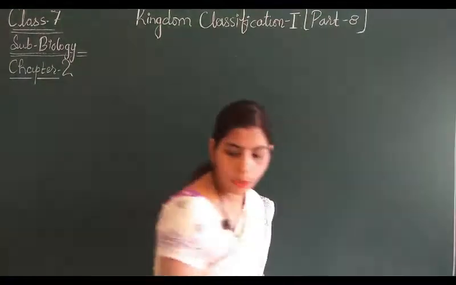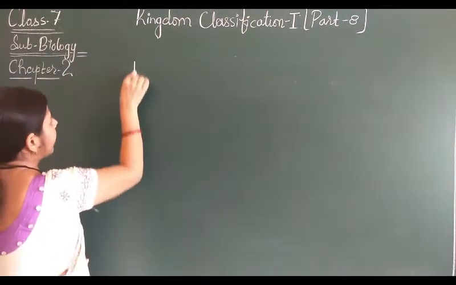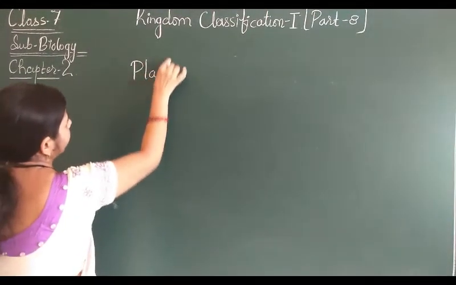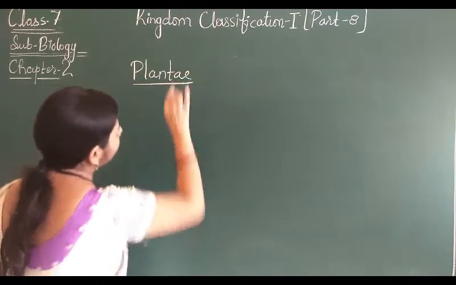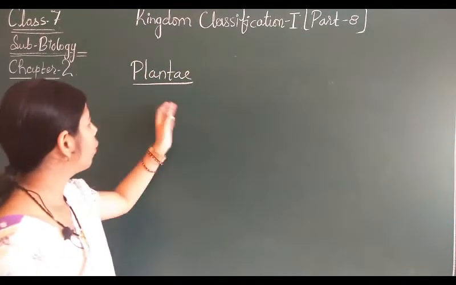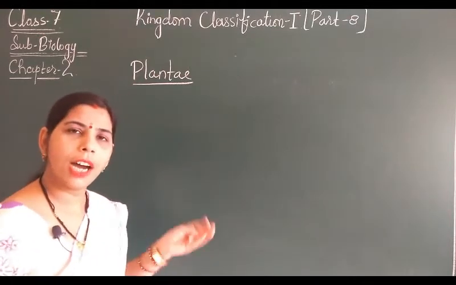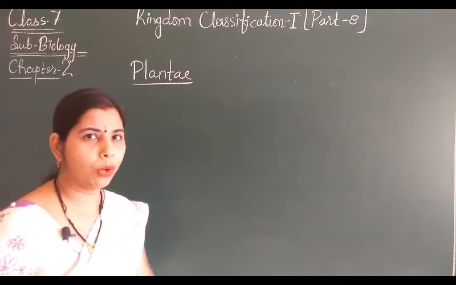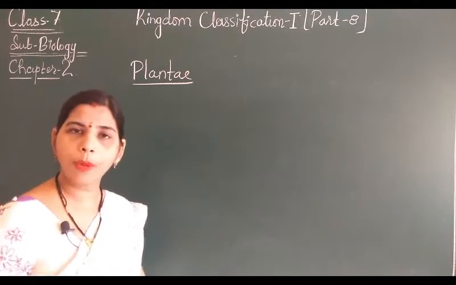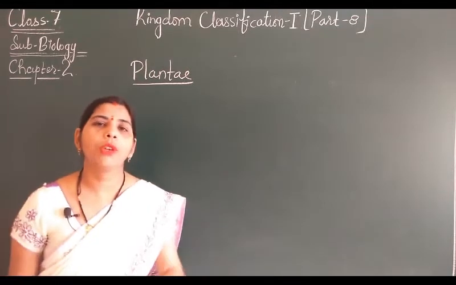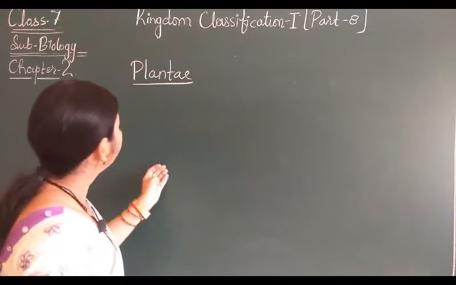Now let's quickly see the next kingdom, Plantae. The kingdom Plantae consists of multicellular living organisms which have an autotrophic mode of nutrition. All plants are autotrophic because they have chlorophyll through which they are able to make their food.